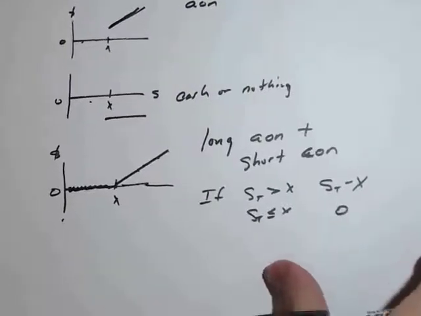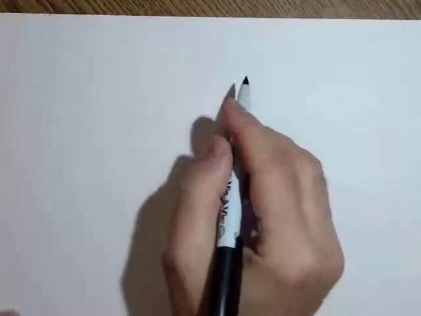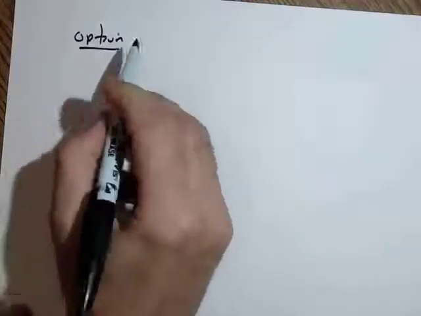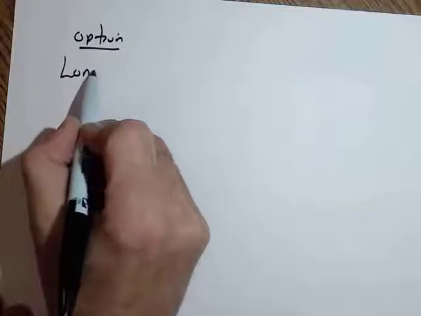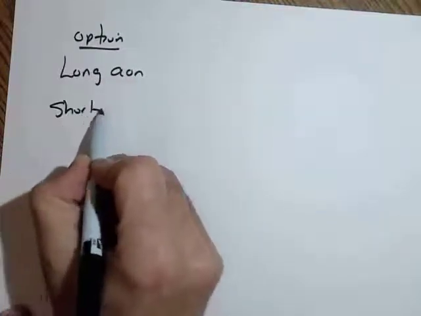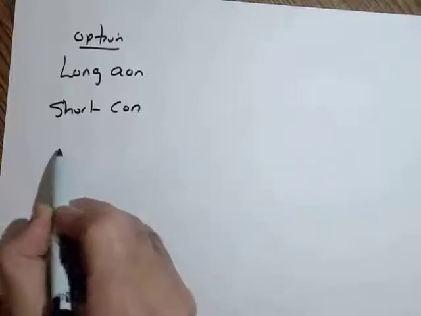Now let's go a little further and look at it a little more carefully, and I'll look at some payoff scenarios. So this is what I'm going to build, a little table. Here we have the option, here we have a long asset-or-nothing, here we have the short cash-or-nothing, and here we have the portfolio.